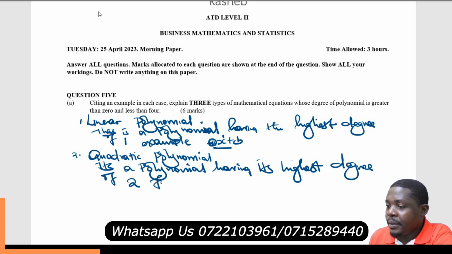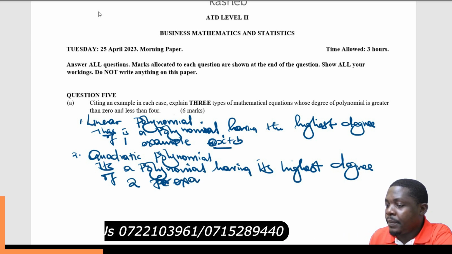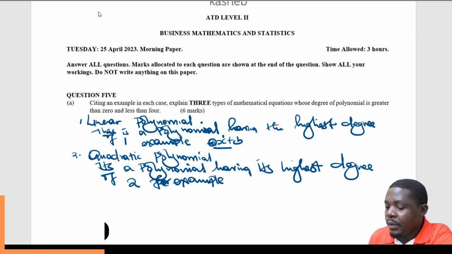For example, we can talk of a function like f(x) is equal to 2x squared plus 3x plus 15. Now this one is having the highest at the power of 2.